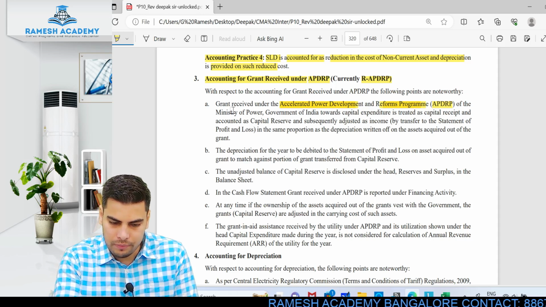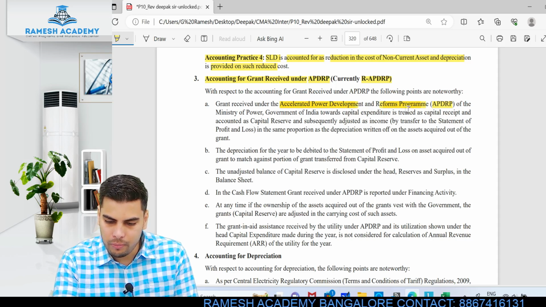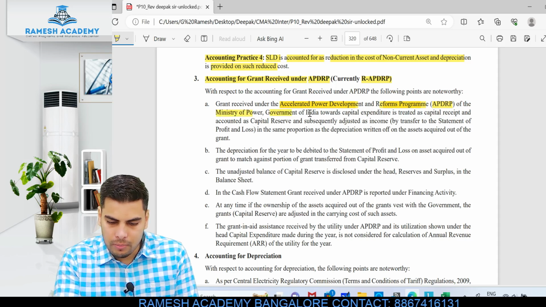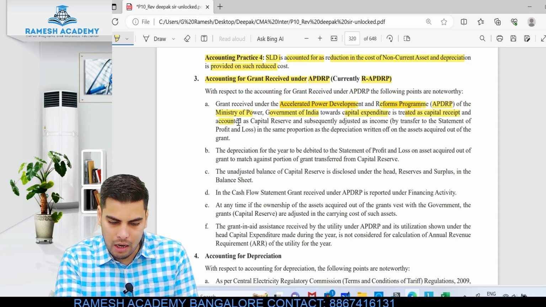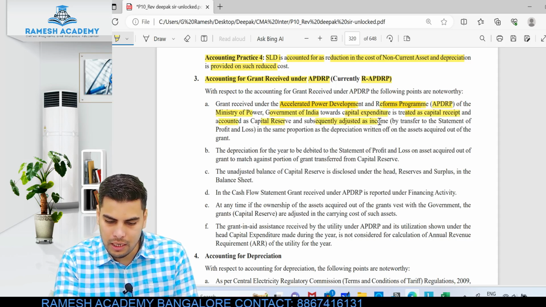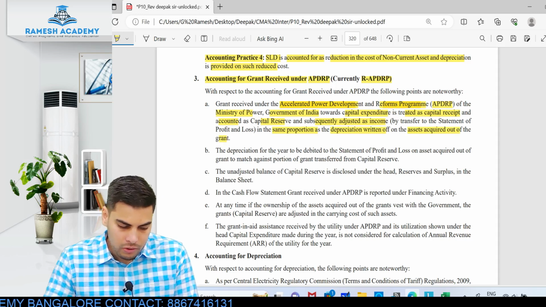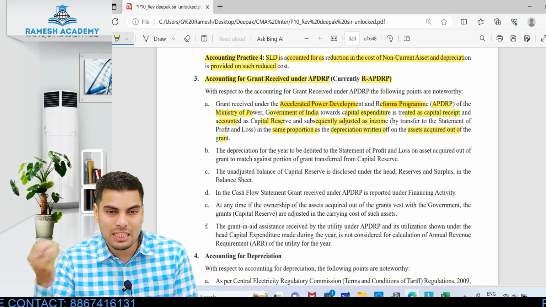That is the objective. So grant received under Accelerated Power Development and Reform Program of the Ministry of Power, Government of India towards capital expenditure is treated as capital receipts and accounted as capital reserve and subsequently adjusted as income in the same proportion as the depreciation has been written off on the assets acquired out of the grant. Out of this grant, the electricity company will be purchasing some assets.